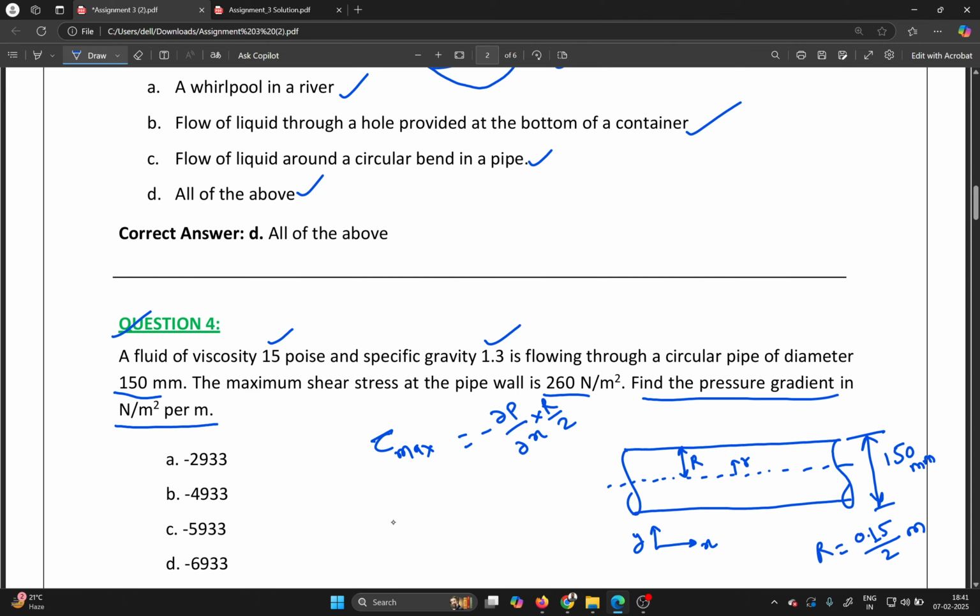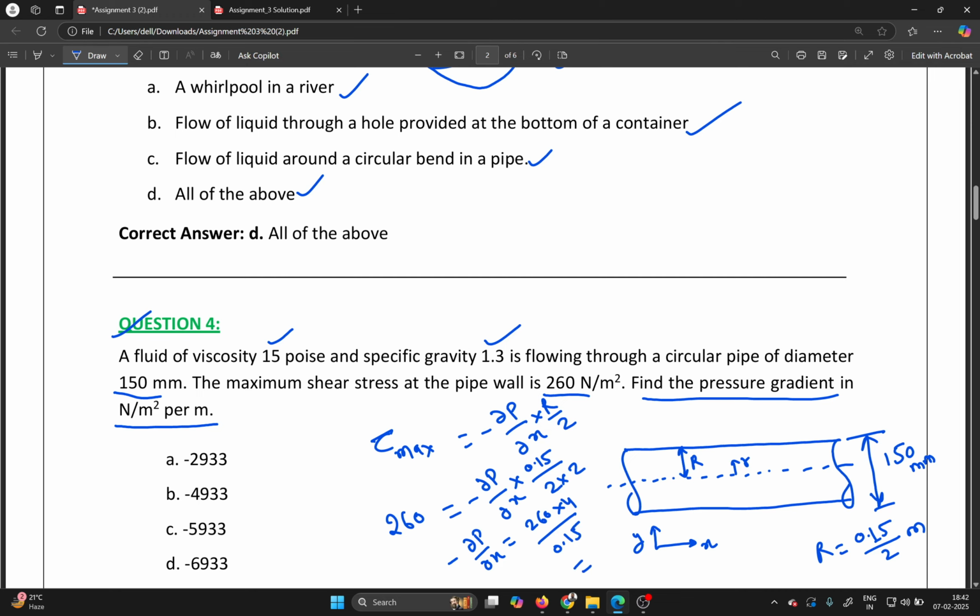So 260 is equal to pressure gradient into the r value, which is 0.15 by 2, and you need to multiply with 2. So minus del pressure by del x is equal to 260 into 4 divided by 0.15.